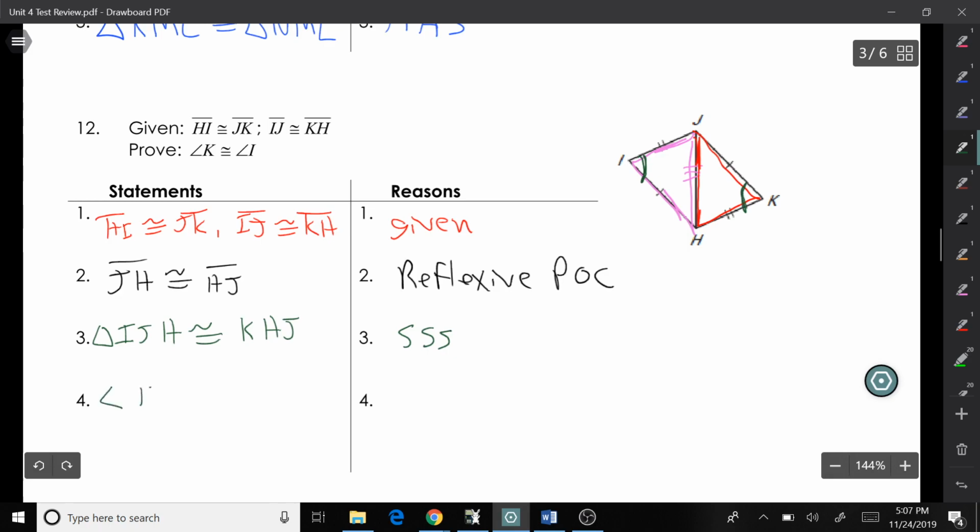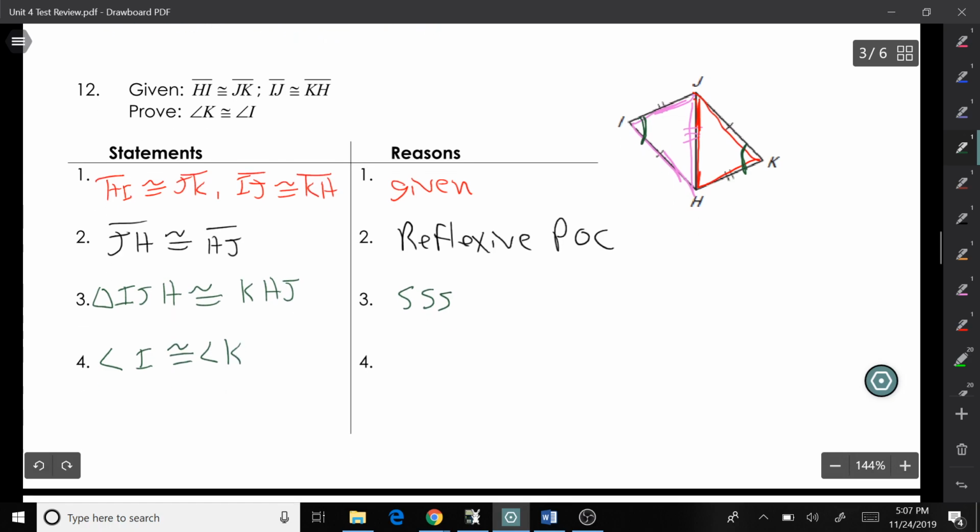So angle I is congruent to angle K, and that is that CPCTC stuff, but I always like to say if triangles are congruent, then corresponding parts are congruent.